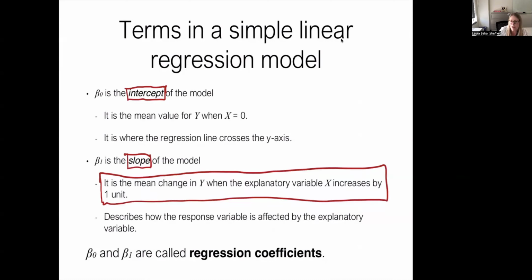So if y doesn't change with x, so if beta 1 is estimated to be 0, then we don't expect there to be any kind of relationship between x and y. And it really is a way to describe how the response variable is affected by that explanatory variable. And we call them both regression coefficients.